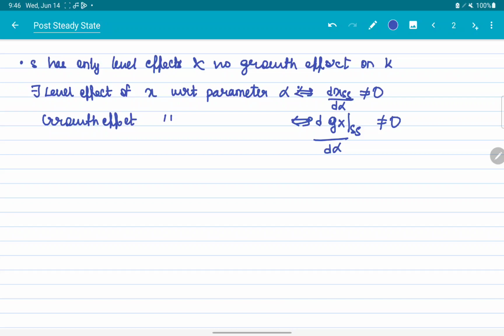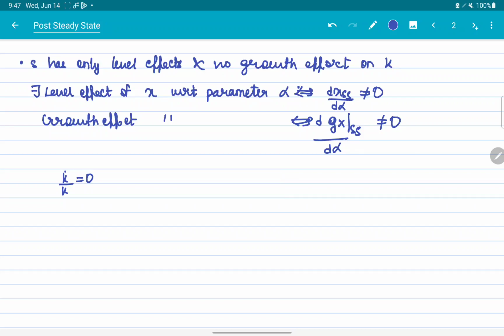Okay, so s has only level effects and no growth effects on small k. Why? Because when s increases, small k in steady state increases. This is something we have seen in detail with rigor. But the growth effect doesn't change because small k dot by k is always going to be 0.